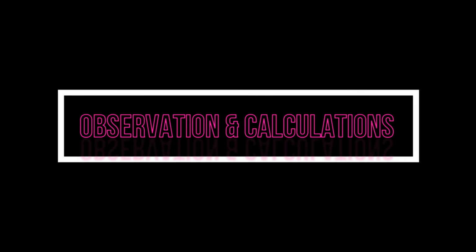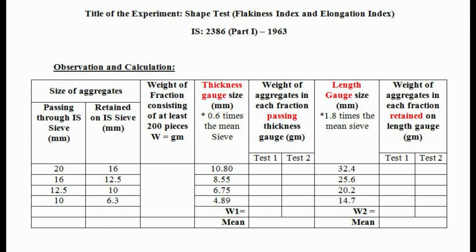Observation and calculations. Weight of fraction consisting of at least 200 pieces is 1188 gram. Aggregate retained on 20 mm and 16 mm slot is 157 gram.